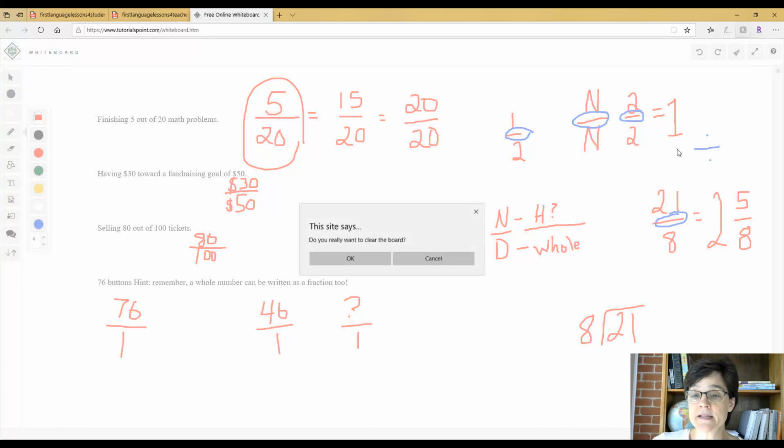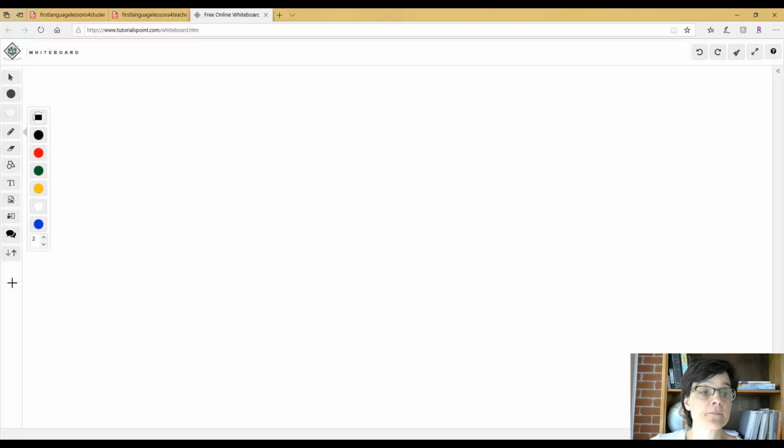Okay, let me go ahead and erase this board. So let's look at part 2, where it's talking about division. It says division in fractions. On A, B, C, and D, it says to rewrite these division problems as fractions. On A, it gives us 3,072 divided by 256.